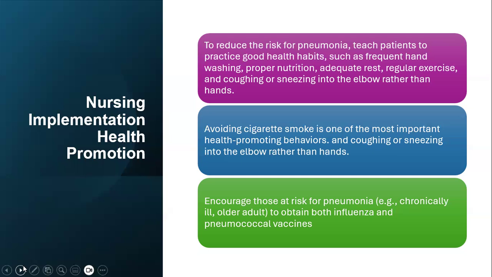The last one is encouraging the patient, especially those at risk for pneumonia, such as people who are chronically ill and also older adults, to obtain both influenza and pneumococcal vaccines to prevent the severity of pneumonia.